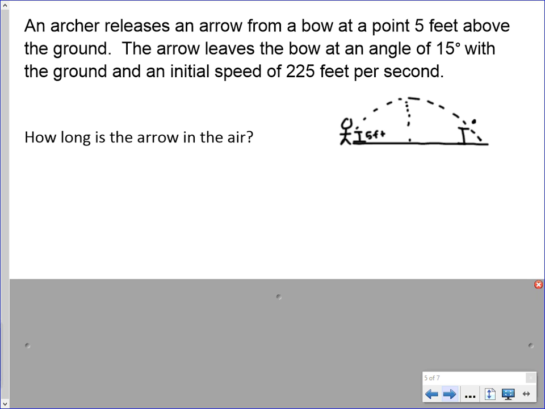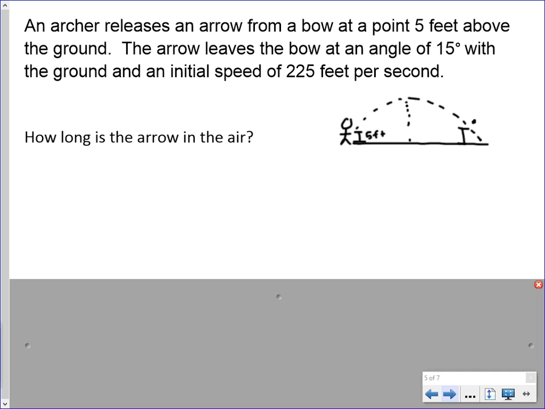Now think about it. Is it going to take very long for your arrow to fall the extra 5 feet? No. So if you thought about what 1.82 times 2 was, approximately 3.64, right? Our answer that we get for this should be pretty close to 3.64. So that would be a nice way to check if your answer is reasonable.